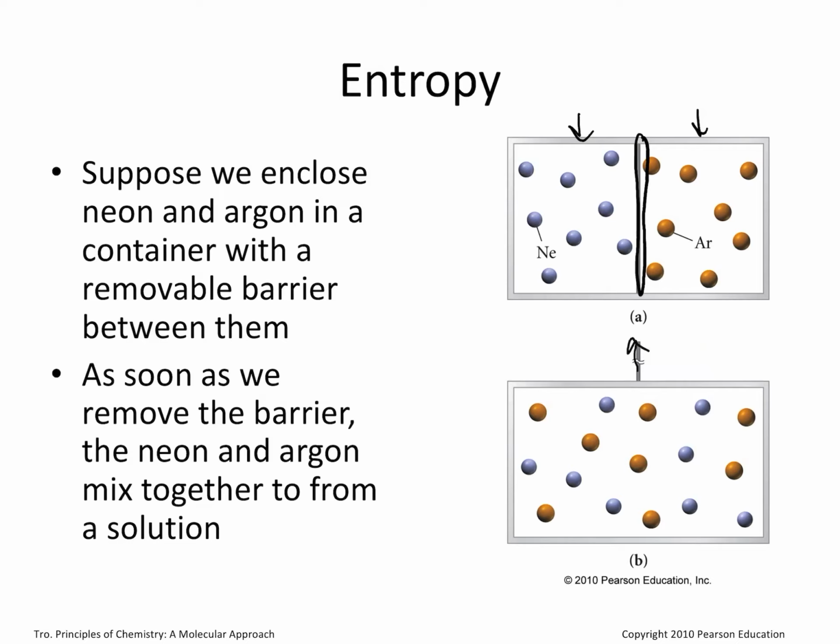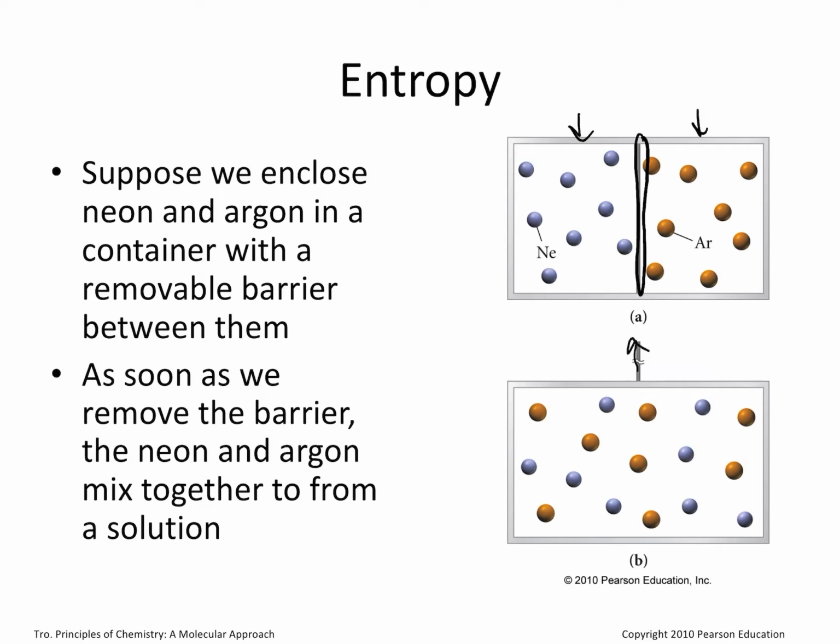At low pressures and moderate temperatures, both neon and argon behave as ideal gases, so they do not interact with each other in any way, because there are no significant intermolecular forces between their particles. Now, when the barrier is removed, the two gases can mix, but their potential energy remains unchanged.